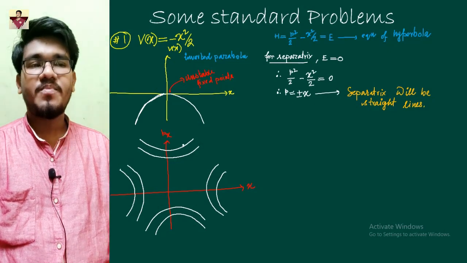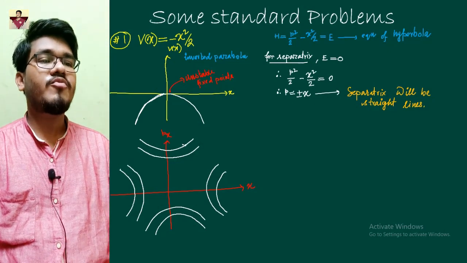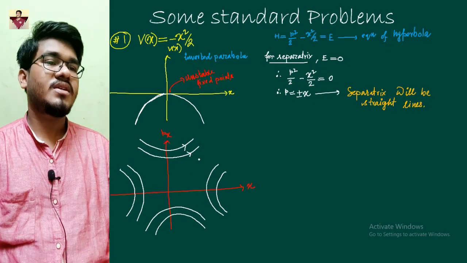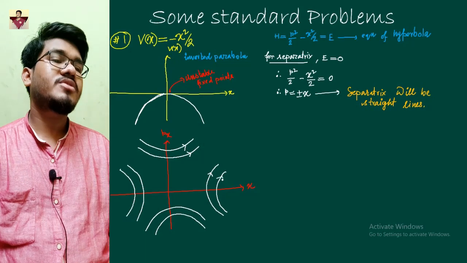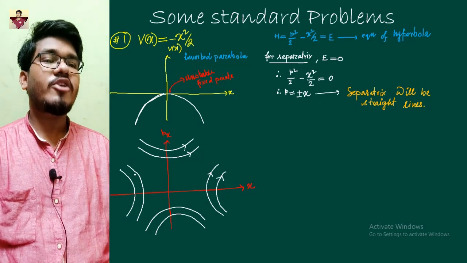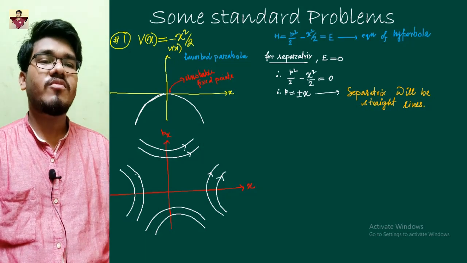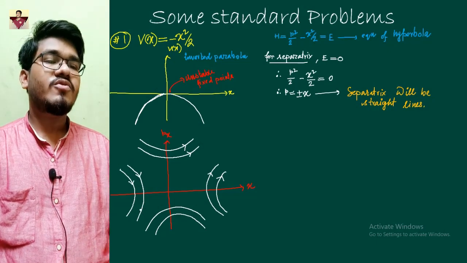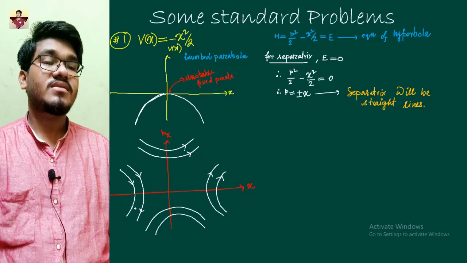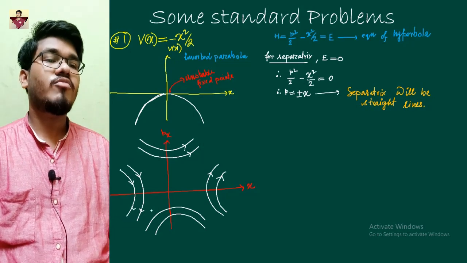As in this quadrant p is positive, so it will move towards positive x-axis. So it is this way, and obviously in this region it will also be this way. So here p is positive, so it will move towards positive x-axis, right? And here p is negative, so it will move towards negative x-axis. Obviously this is consistent, this direction will be the same.